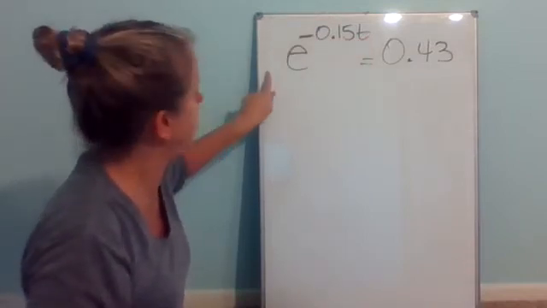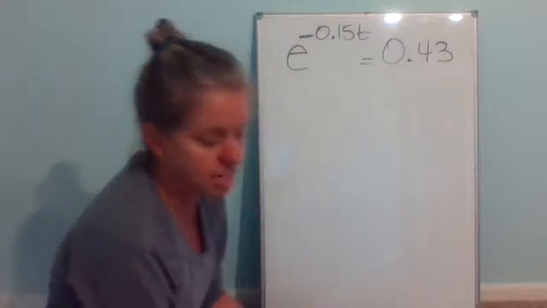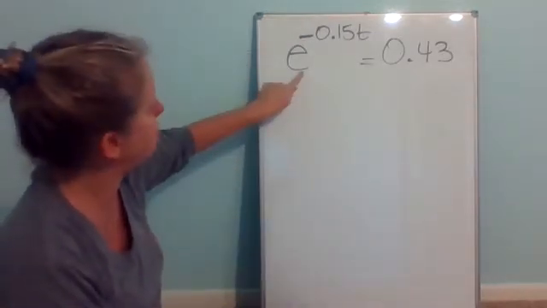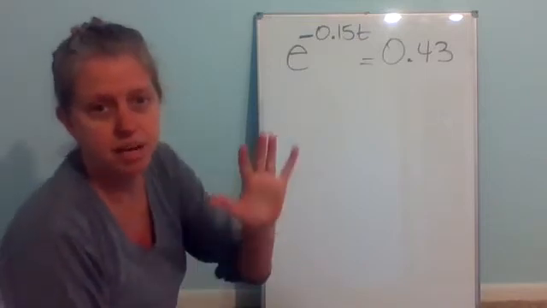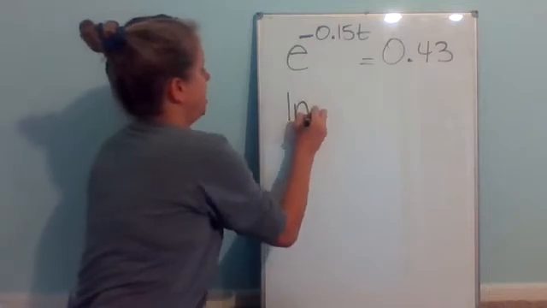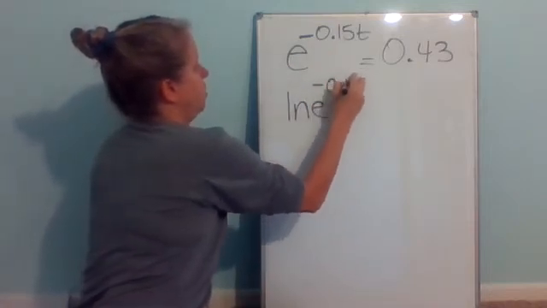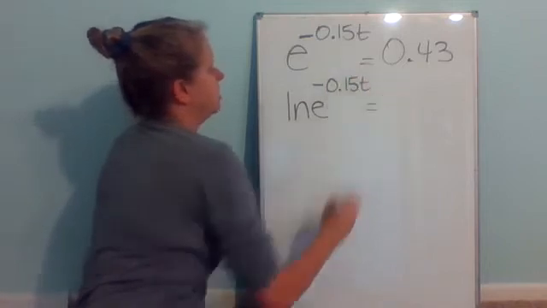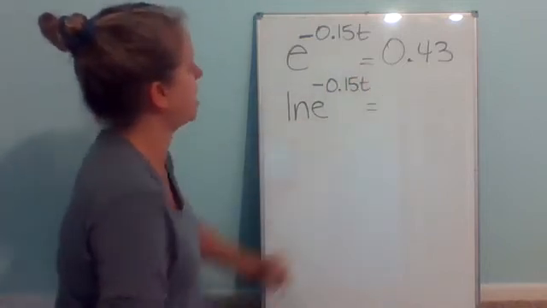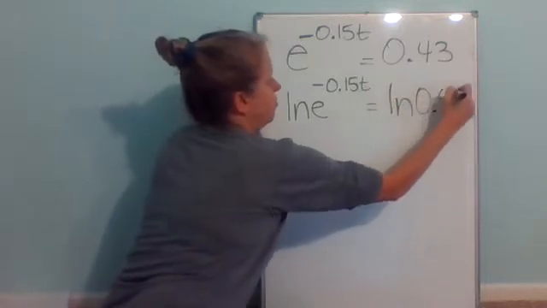The only way I can get it down in front and not in the exponent is to log both sides. And instead of logging both sides this time, since it's an e, I'm going to ln both sides. So let's see, I'll have ln e to the negative 0.15t equals, if I ln this side, I have to ln this side, ln 0.43.